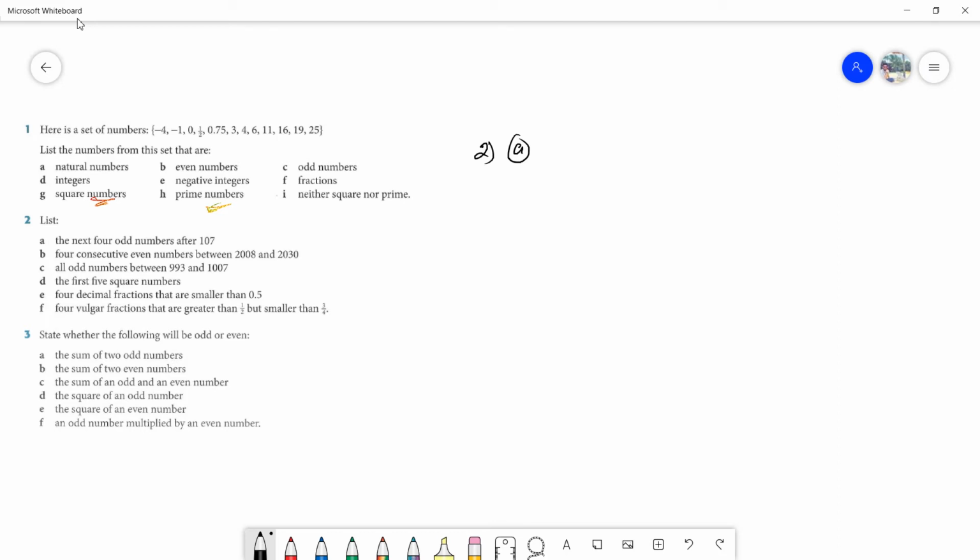So that's the number line. Here they said 107. They said the next 4, so 1, 2, 3, 4. So 107, next comes 108. We cannot use that because this is not an odd number, because it can be divided by 2.